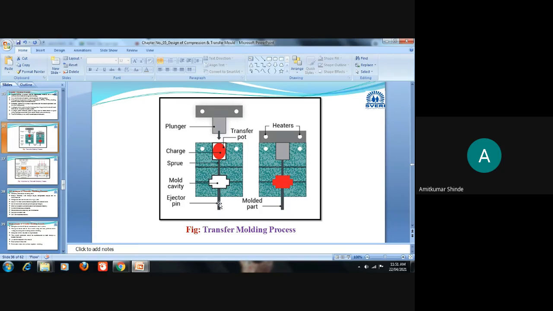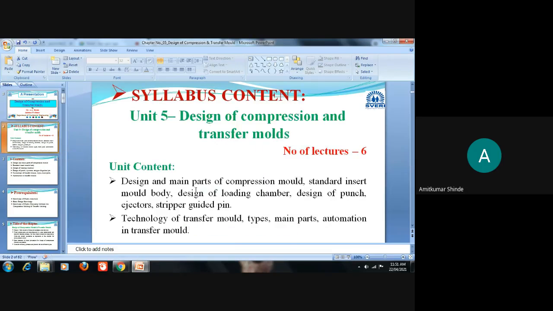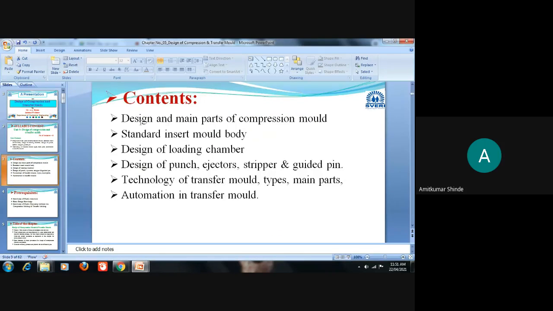So in this way we have completed this chapter, design of transfer mold and compression mold. In this we have studied the design and main parts of the compression mold, then the design of loading chamber, then standard insert mold body. We have seen how the inserts are provided. This is similar to the inserts used in the design of the plastic part; that same point you can use here.